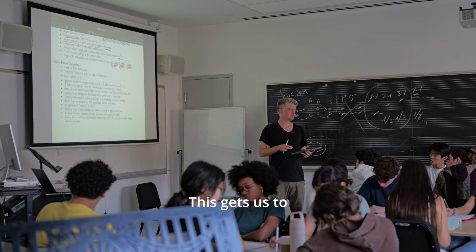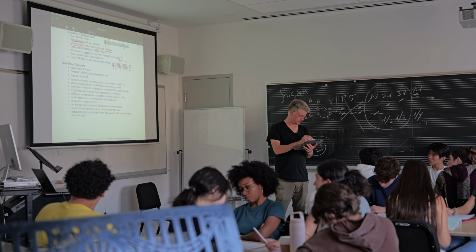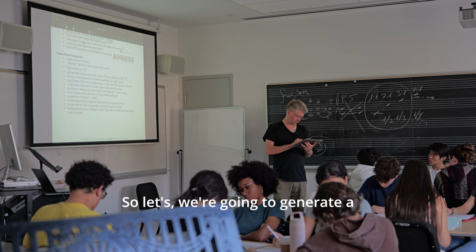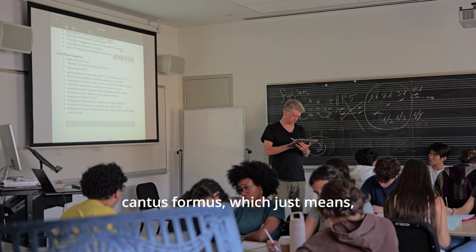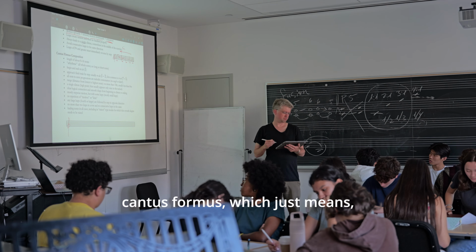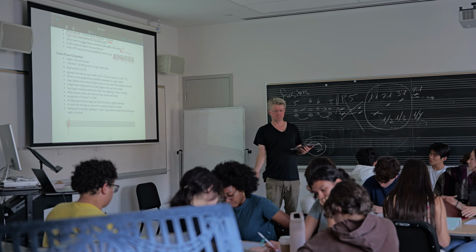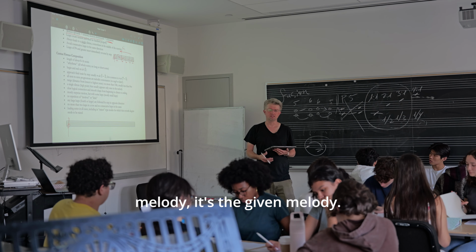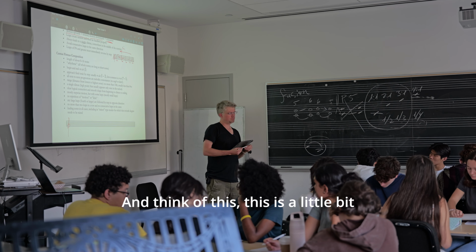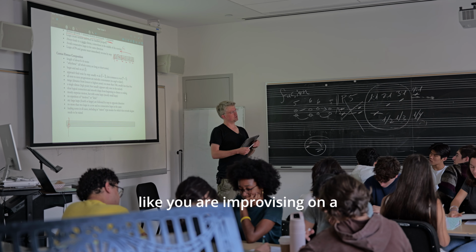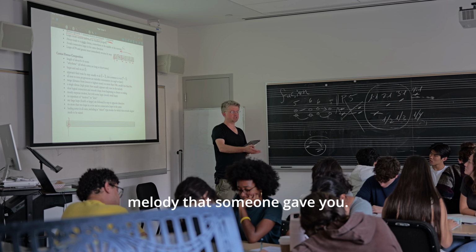This gets us to actually doing this stuff. So we're going to generate a cantus firmus, which just means it's the set melody, it's the given melody. And think of this as a little bit like you are improvising on a melody that someone gave you.